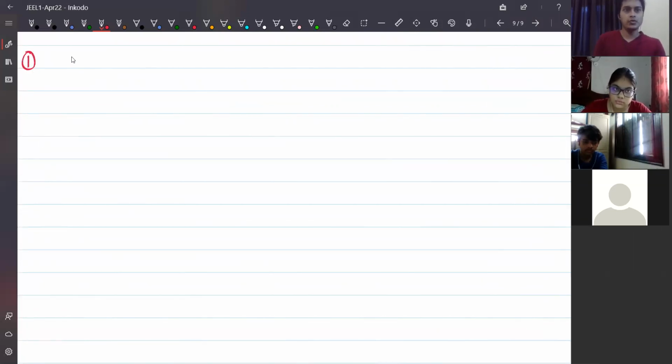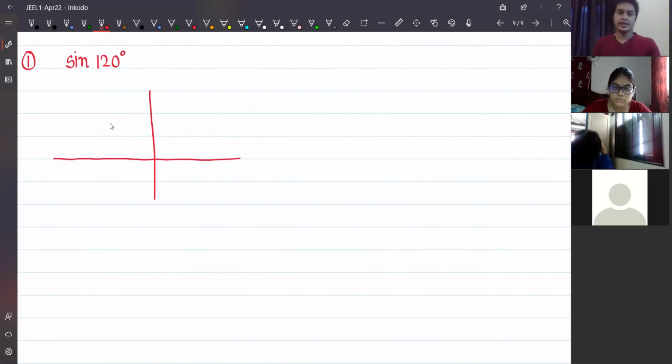First, suppose you have to find sine of 120 degree. First, I'm drawing the diagram, you can also do it in your head. 120 degree is greater than 90, so it comes in the second quadrant.